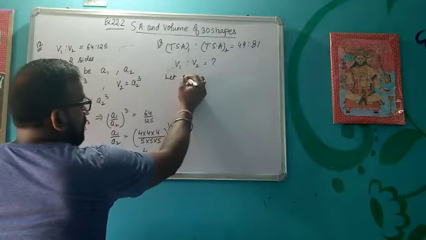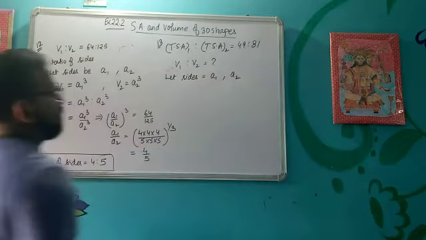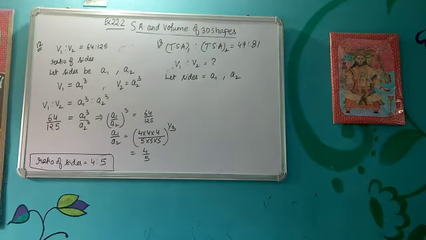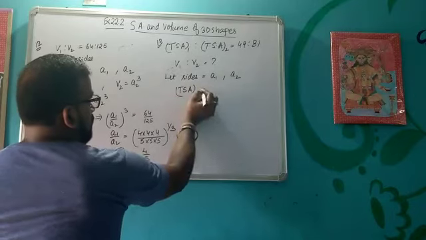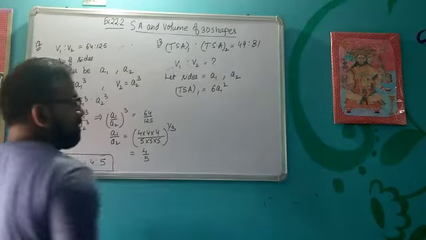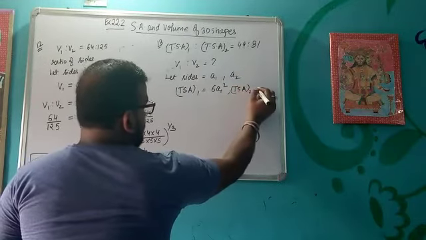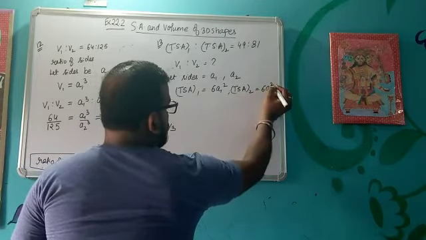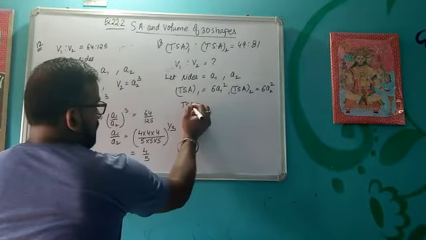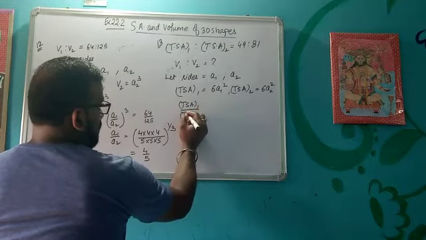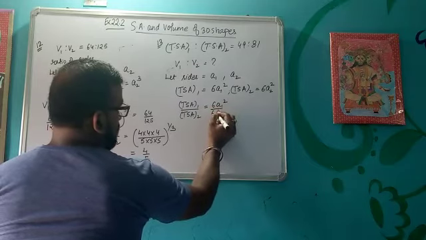Let sides be A1 and A2. Okay, like we have started in the previous question. So what is total surface area 1? 6 A1 square, and total surface area of second cube will be 6 A2 square. Then we will divide total surface area 1 by total surface area 2, 6 A1 square by 6 A2 square.